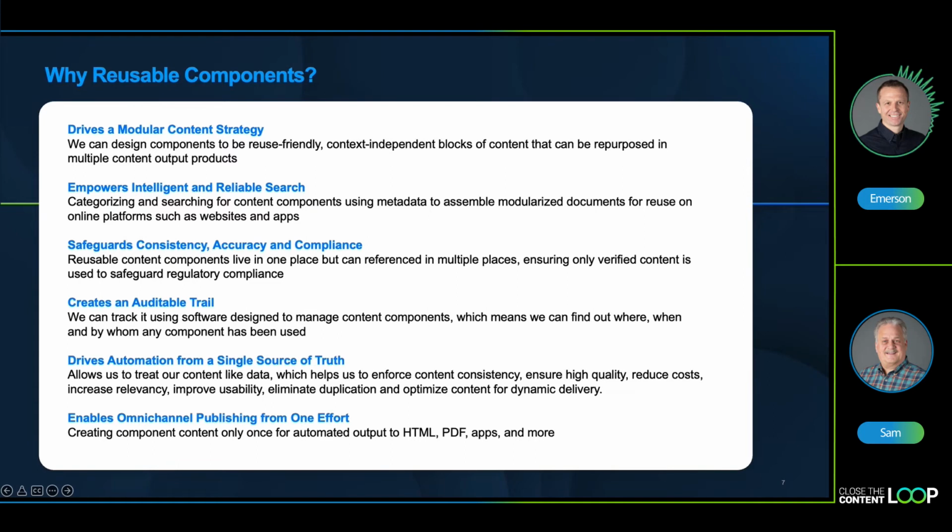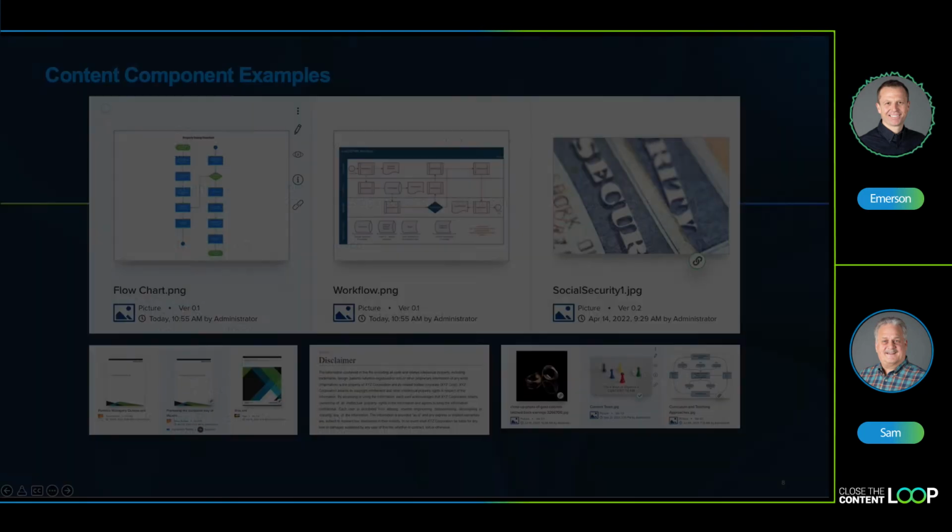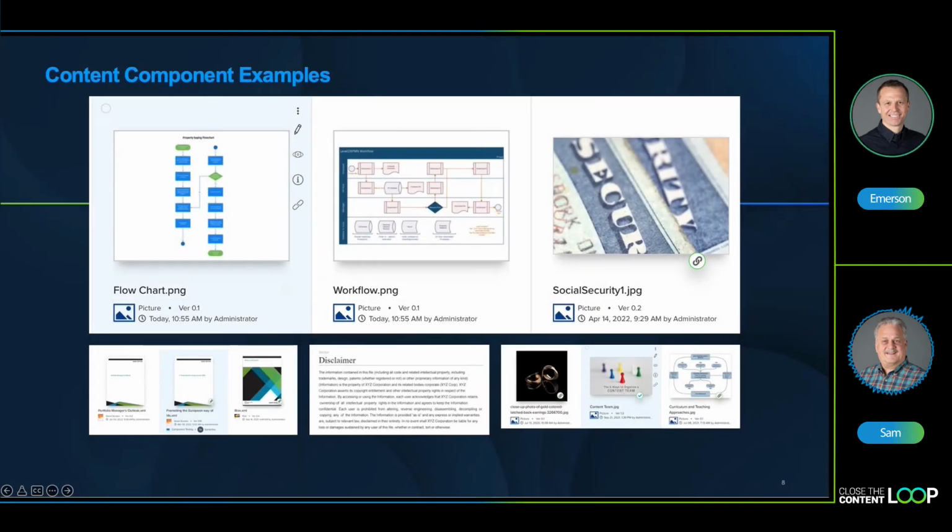It's huge. So when we talk about the actual components themselves, can you give me an example of some of the components, Sam, that you may have? Oh, sure, Emerson. Text, graphic images or photos, interactive elements such as video.